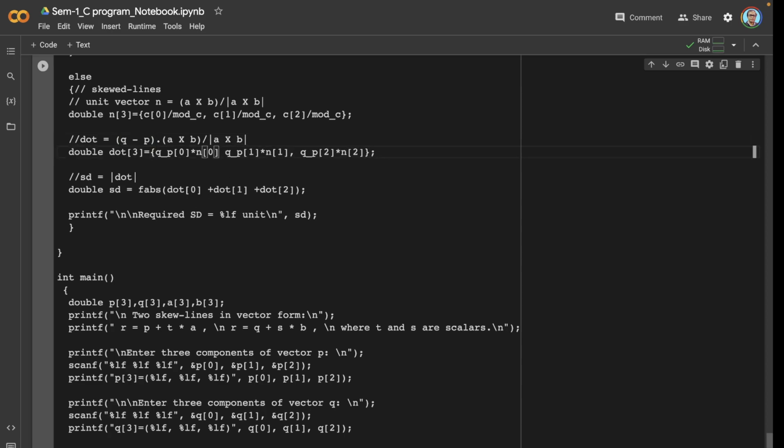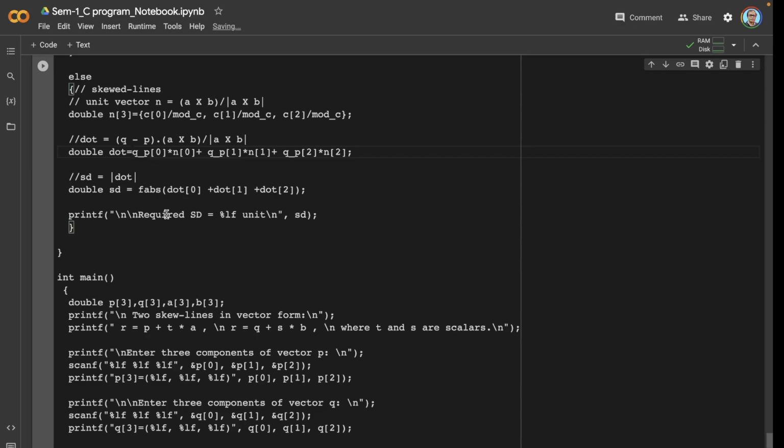Actually we add this component, this plus this plus this plus this. So dot product is this. So we put this scalar, this cancel this dot, eta plus eta plus eta.